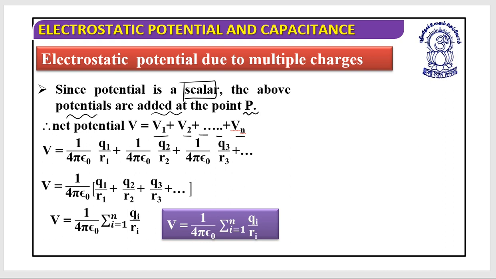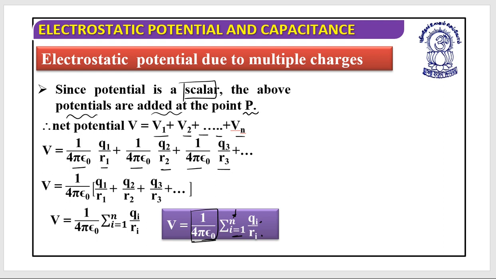If I make an addition of this, I have KQ1 by R1 plus KQ2 by R2 plus KQ3 by R3 and onwards. So if I write a generalized term, V is equal to K multiplied by sigma Qi by Ri, beginning from 1 and ending at n. This would be the relation. So this is potential due to point charges.